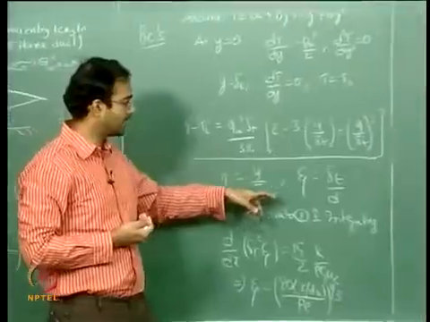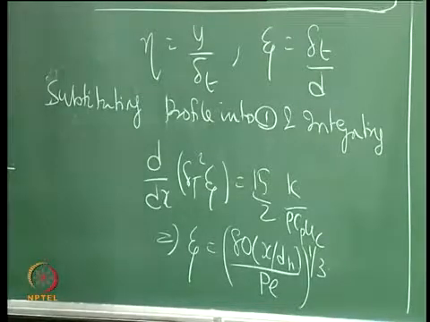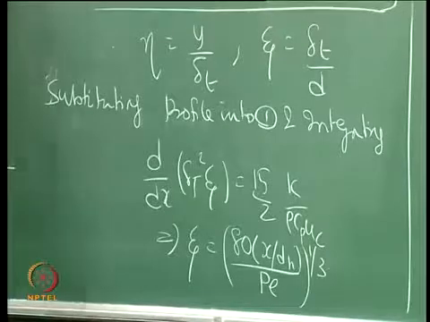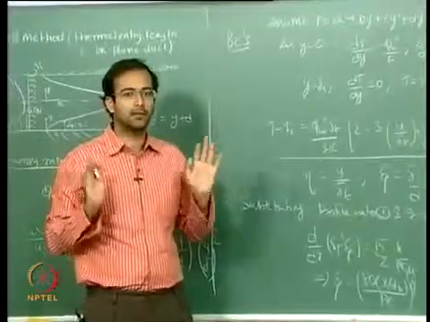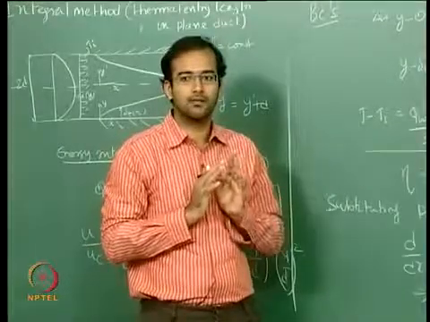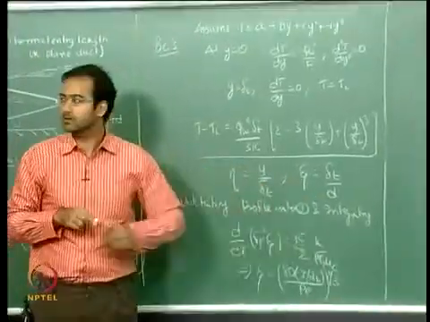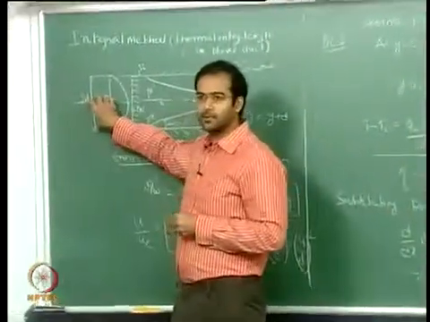So y by delta t, and similar to your external flows where you used non-dimensional zeta for delta t by delta, here we don't have any momentum boundary layer thickness, because we are considering already fully developed flows. Therefore instead of delta we use d here, which is the half separation distance.